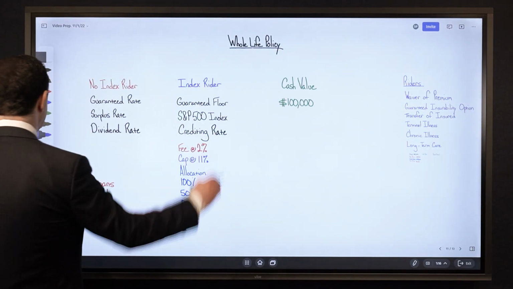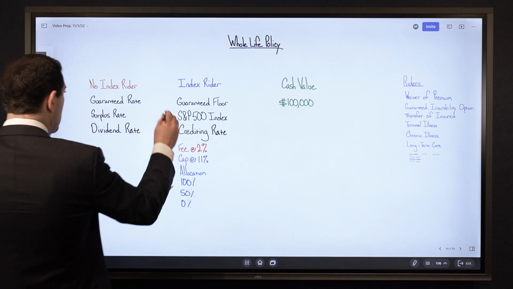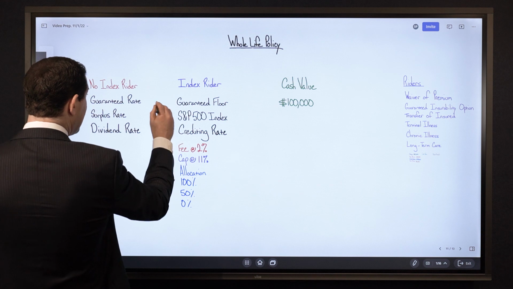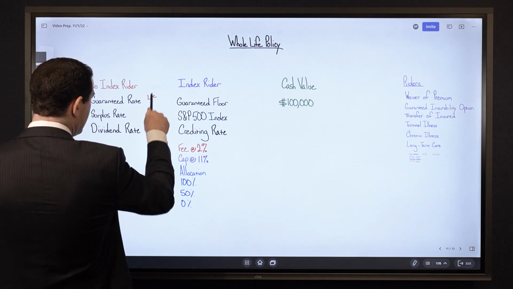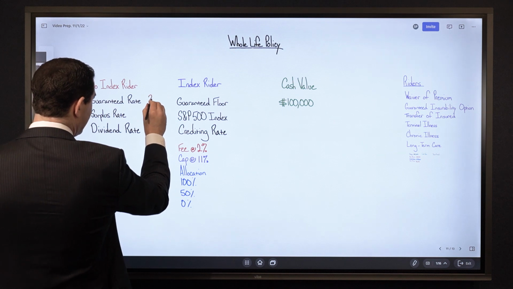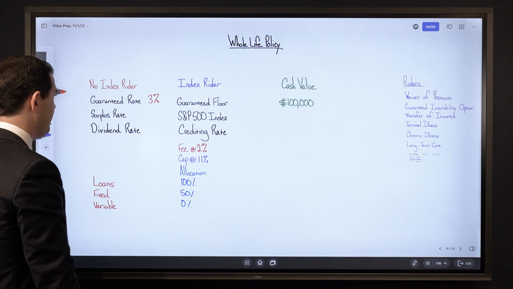If we have no indexed rider, a basic dividend-paying whole life insurance policy, what will we see? Well, we've got an L95 product here that we're going to look at as the demo, which does not have a 4% guaranteed rate. Old habits die hard. It's got a 3% guaranteed rate.